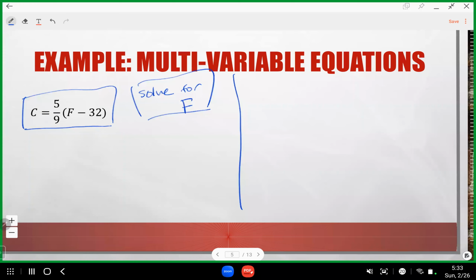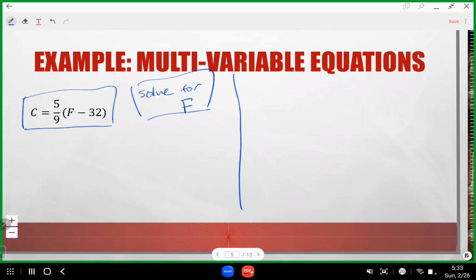So essentially, you're treating the f variable as a number when you're solving for c, and you're isolating similarly with the other numbers. So when you solve for f, you're going to do a very similar process by essentially having c be a number and isolating c and all the other numbers to one side and f to the other.